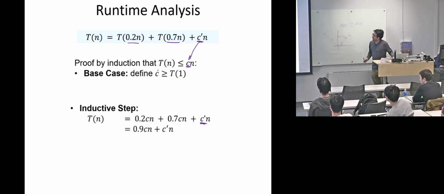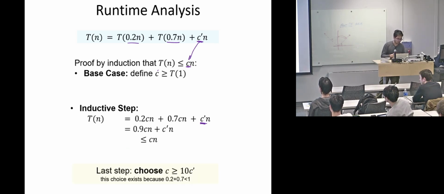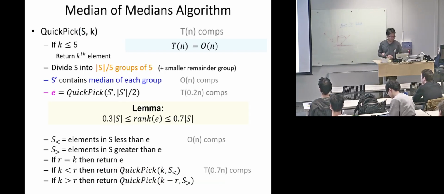To make this work, I just need to choose C to be bigger than 10C prime, which I can do. The choice of C here is our choice, right? We can choose C big enough so that the proof goes through. Just do that, and then it works. So indeed, we now get a deterministic linear time algorithm. Okay, so that's it.